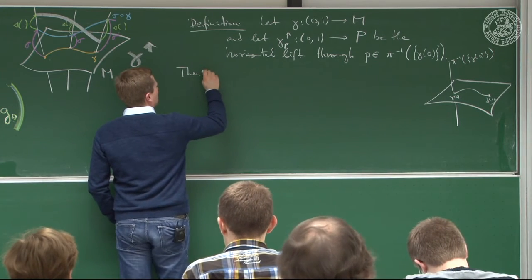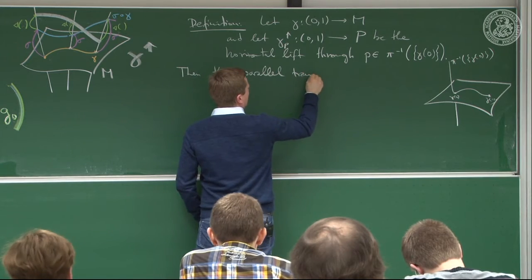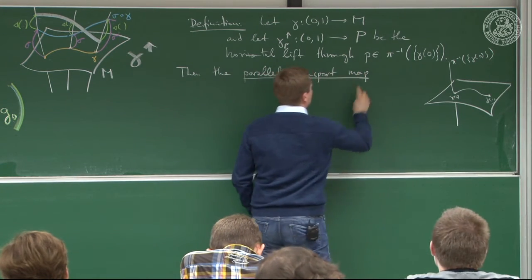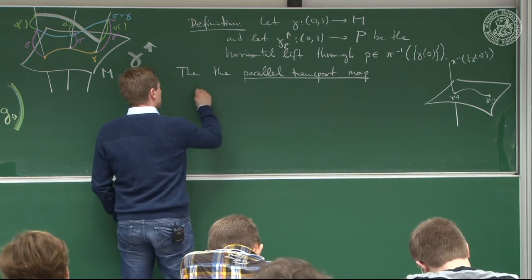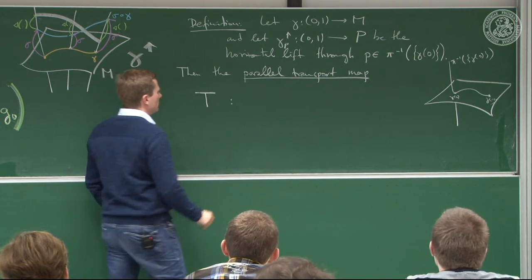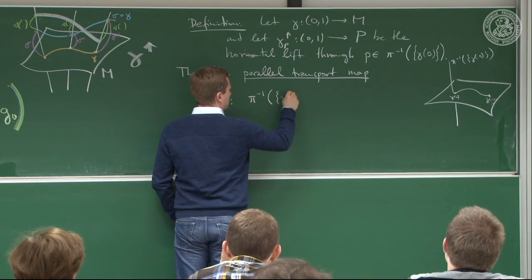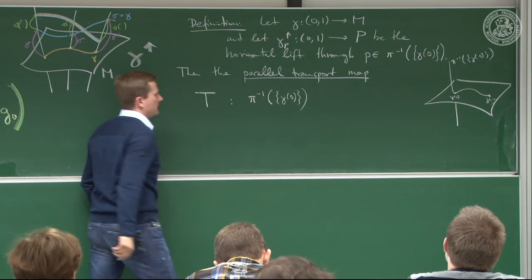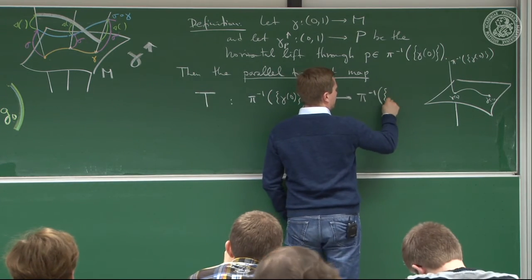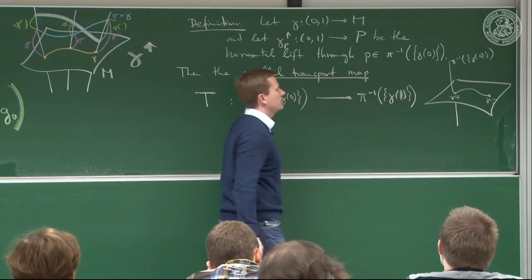Then the parallel transport map T, which takes you from the fiber over the initial point of the base space curve to the fiber at the final point 1 of the base space curve.